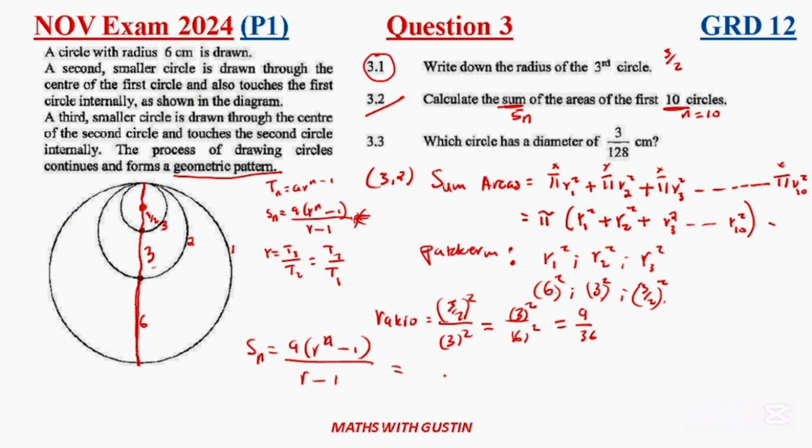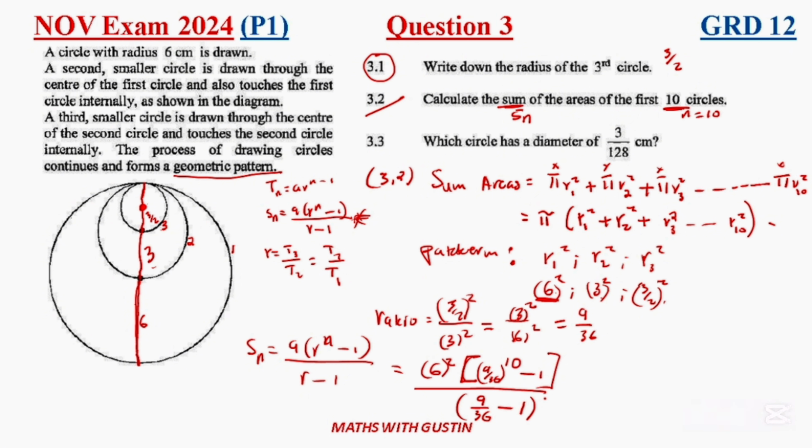So what do we have here? A is this first term here, guys. Remember we said we are doing a pattern, so the first term is 6 squared. And then r is what? We'll put a square bracket here. r is 9 over 36, all to the power of 10, minus 1, close bracket, all over 9 over 36 minus 1.